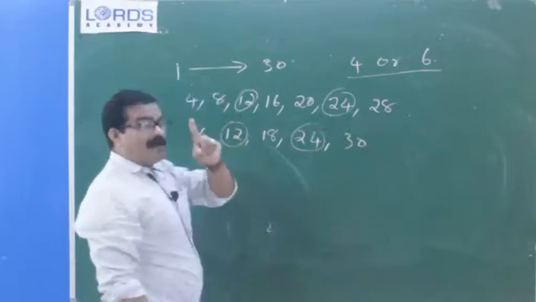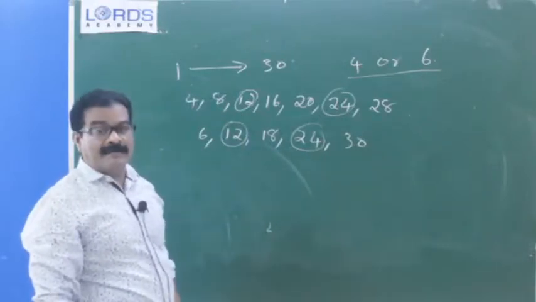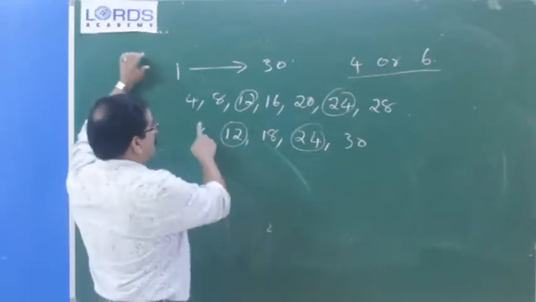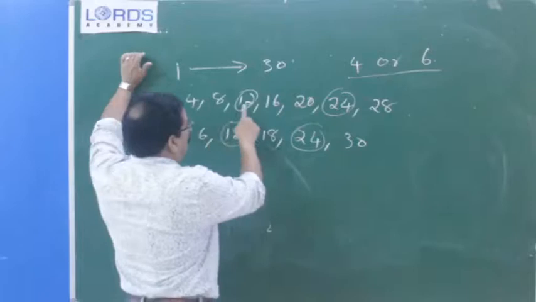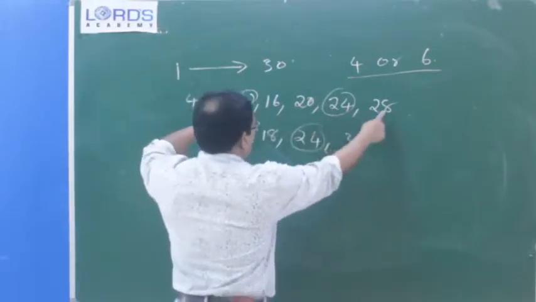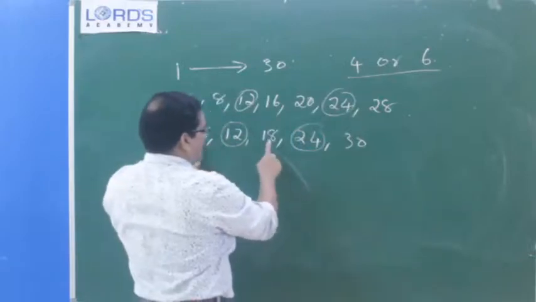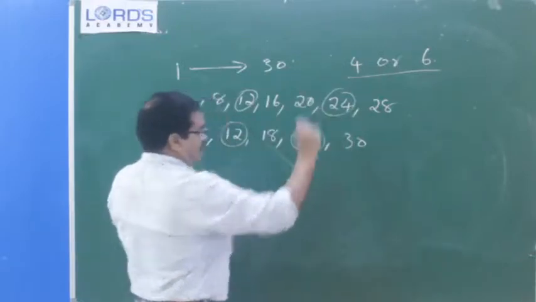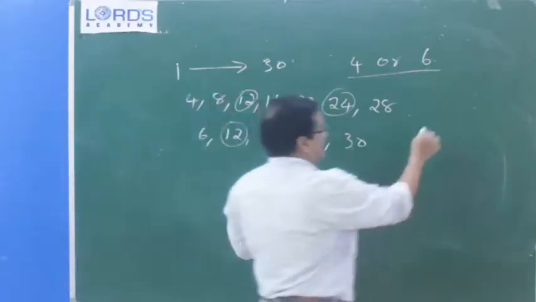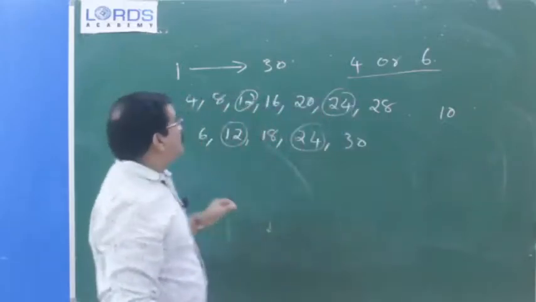You can take these only one time. Then count: 1, 2, 3, 4, 5, 6, 7, 8, 9, 10. So, the number of favorable cases is 10.